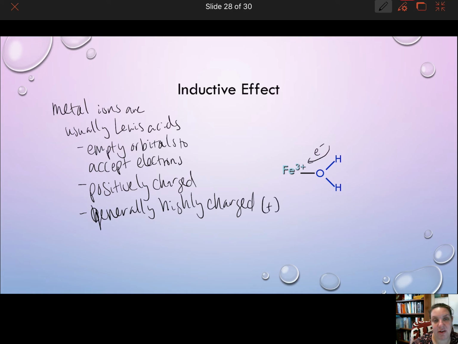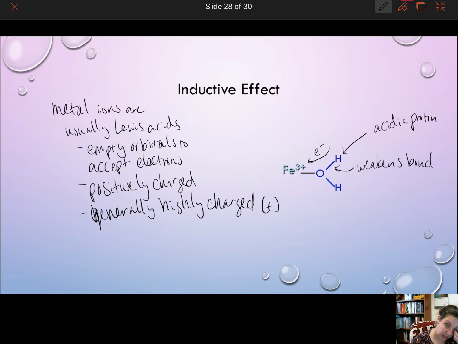And that high positive charge is going to pull electrons from our Lewis base to our Lewis acid. That, in turn, as we pull that electron density, makes this bond weak. And that becomes an acidic proton.